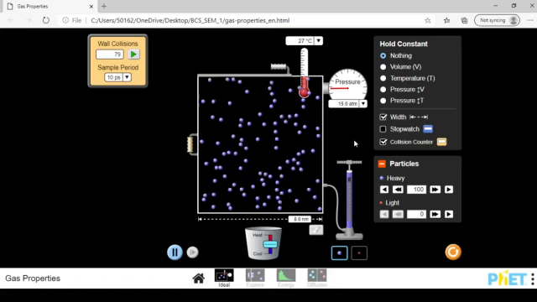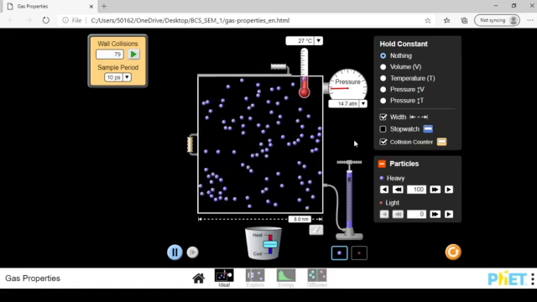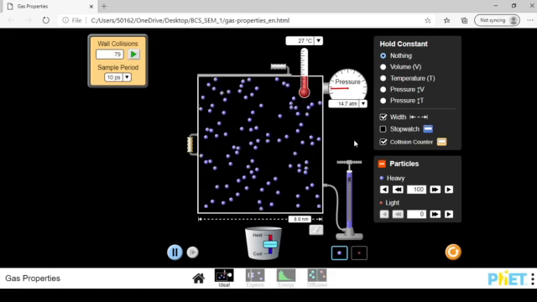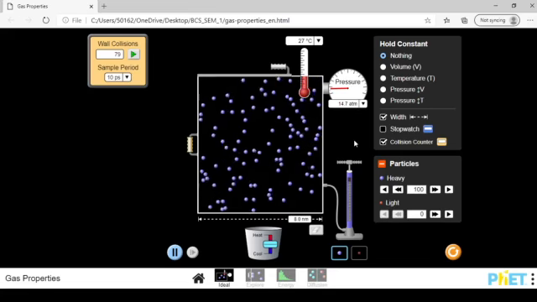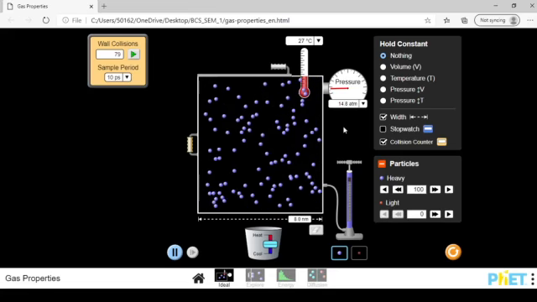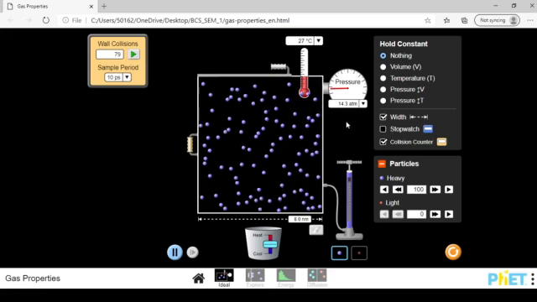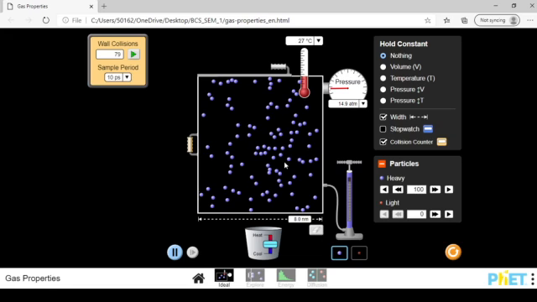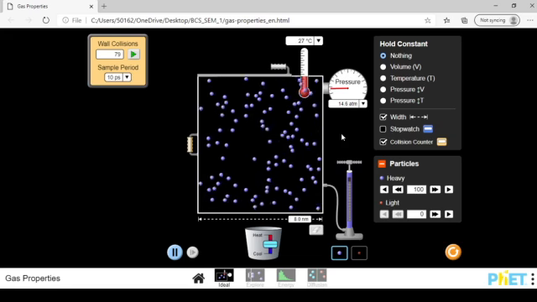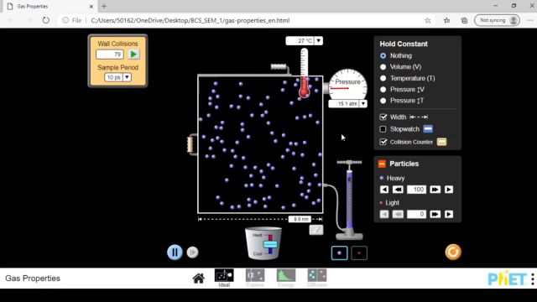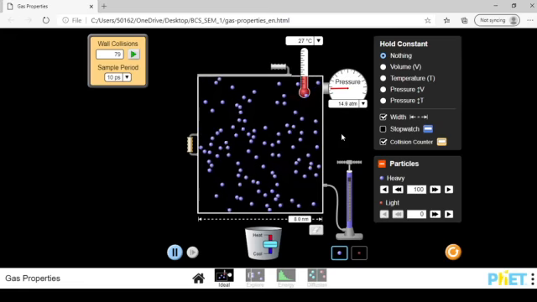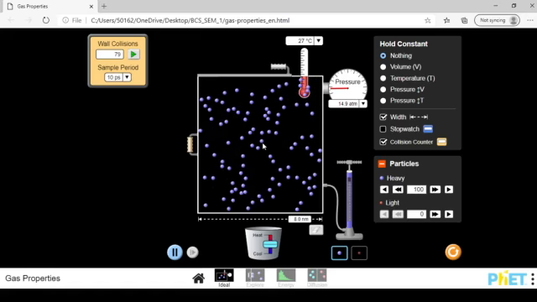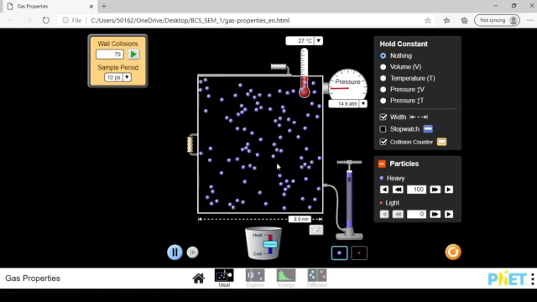So with the increase in the number of particles, they exert more pressure. More particles means more pressure. That means if you increase the amount of particles of matter inside, the pressure will increase. Okay, so let's apply our next concept here.